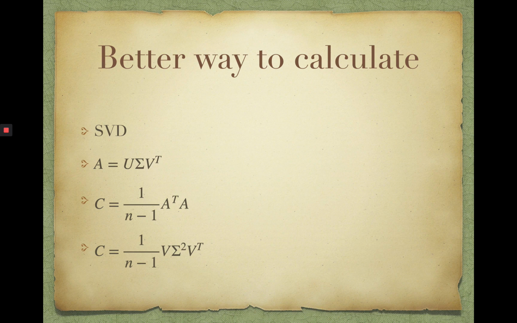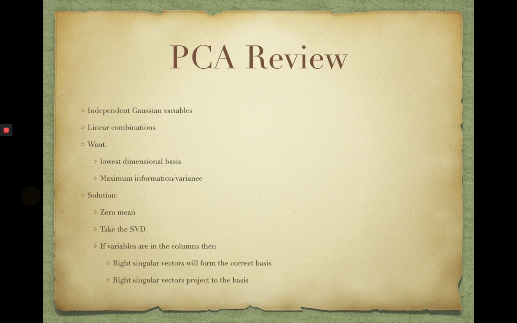But I don't have to calculate this from A transpose A. I can calculate the V and the sigma from A, where I don't have squared errors, and then I can use them. I still use the exact same V, and I can use sigma squared, but that's just a square of a number, so the errors are not bad in that case. So it's a lot nicer to calculate because I can calculate before things have been squared, and so the errors are retained.